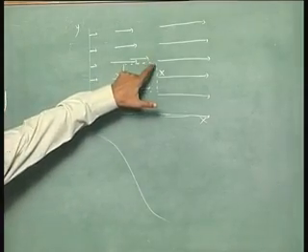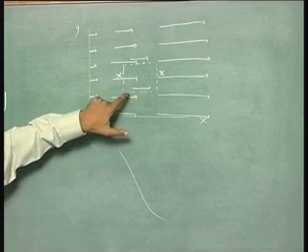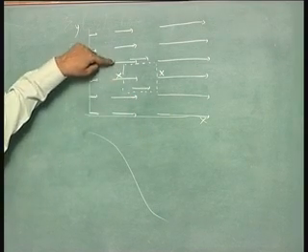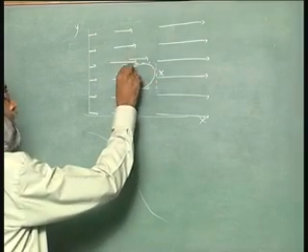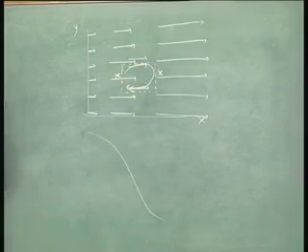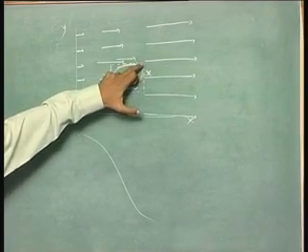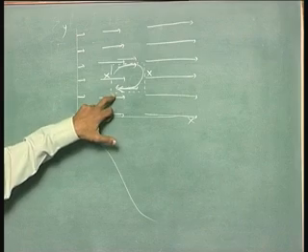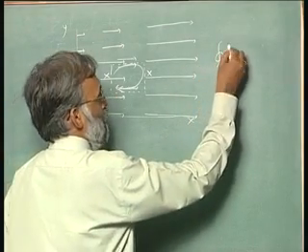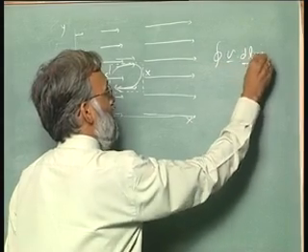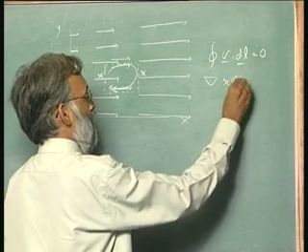So, when you do the integration over this side, it is equal in magnitude to the same integration done on this side, because it is the same vector at both points. But your loop is going this way here and is going this way here. So, whatever you gain from your V dot dl on this edge, you lose on this edge. So, loop integral V dot dl equals 0, which means curl of V equals 0.